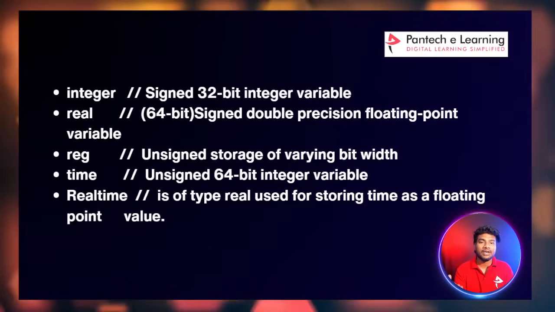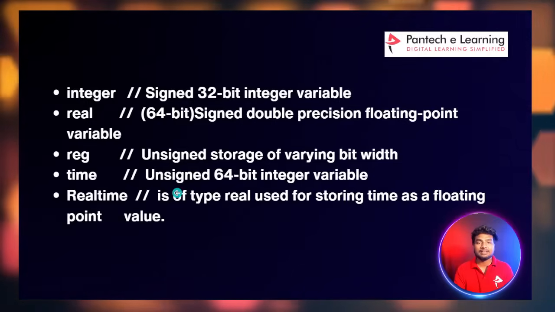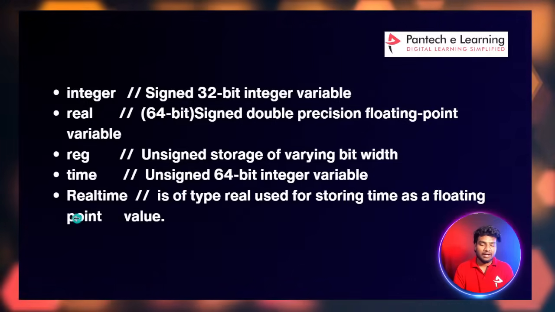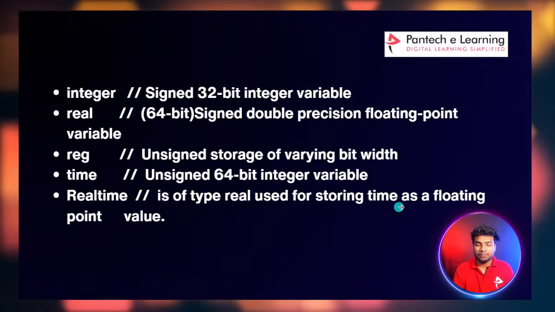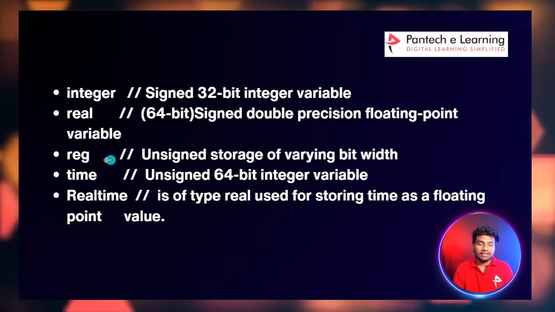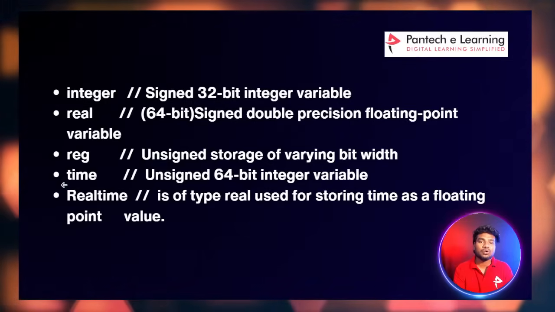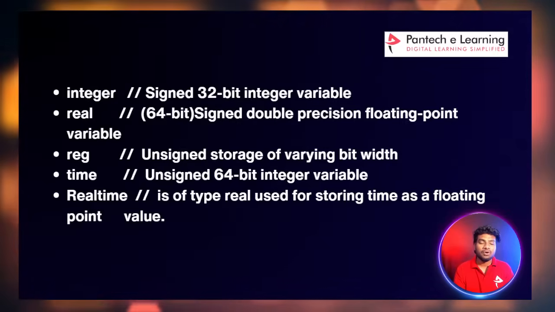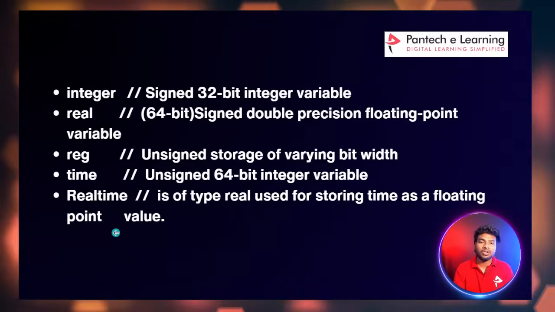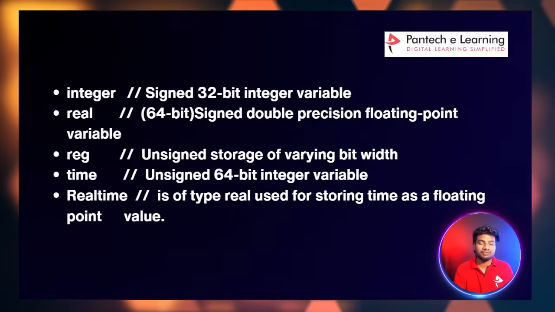You can't assign negative values, because it is unsigned in nature. And then real time is the type of real used for storing the time as a floating point value. In time you can't store floating point values, but in real time you can store floating point values. This is the basic difference.